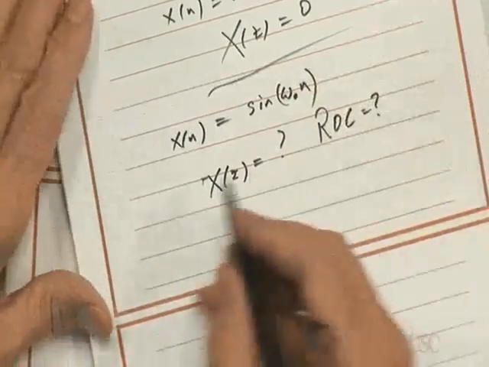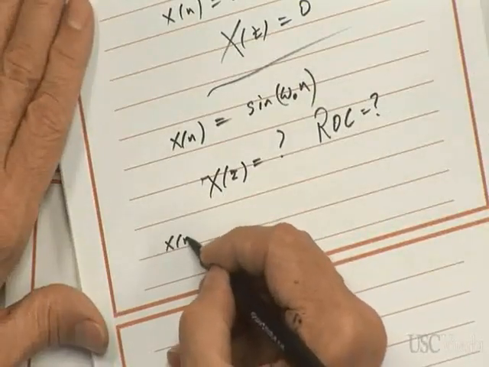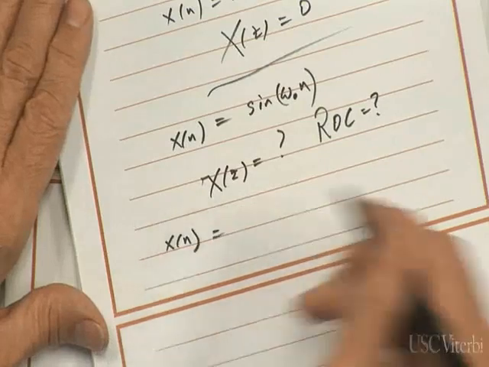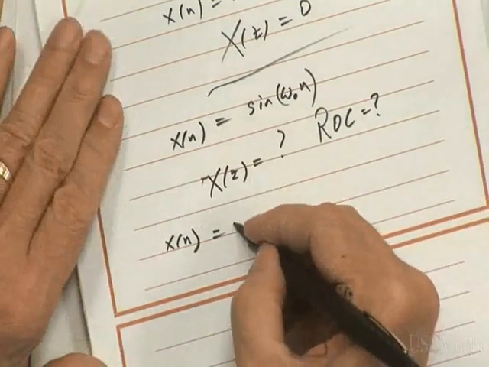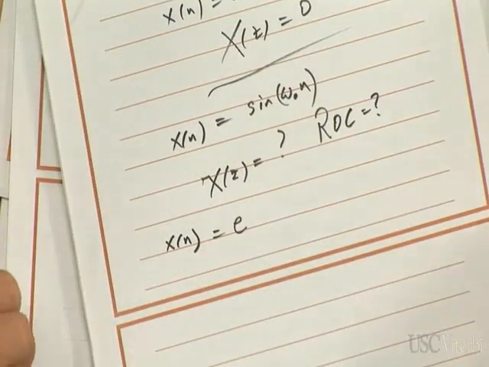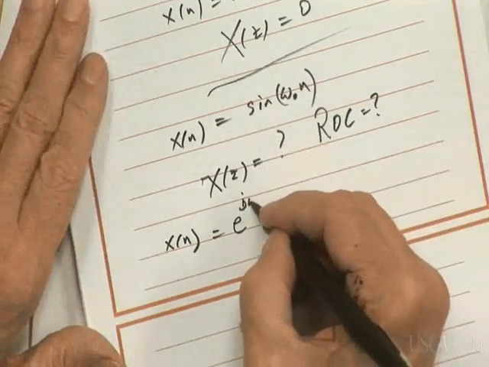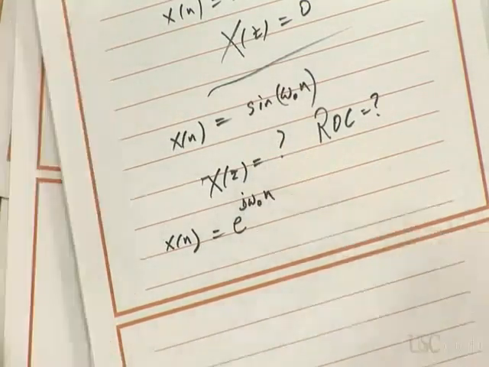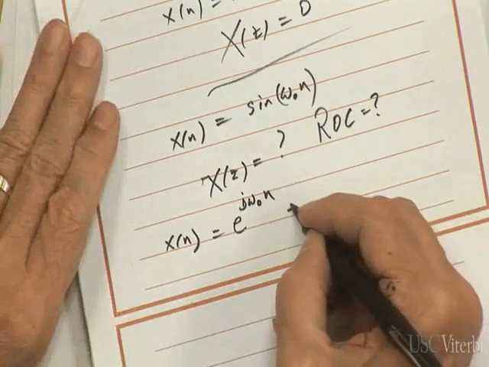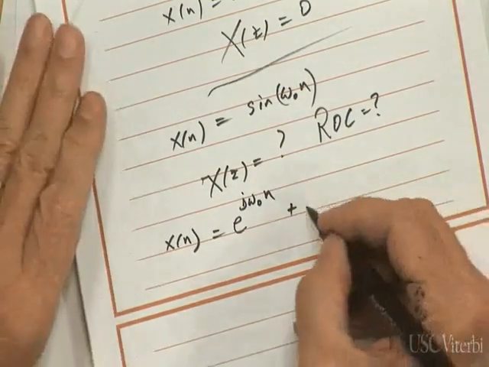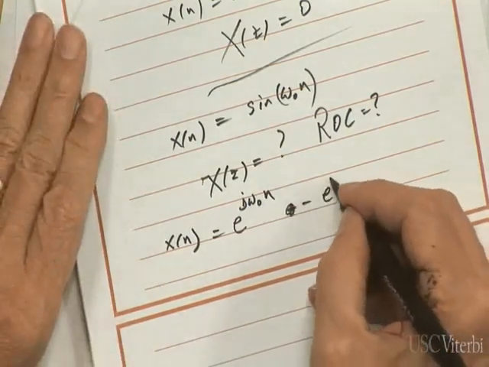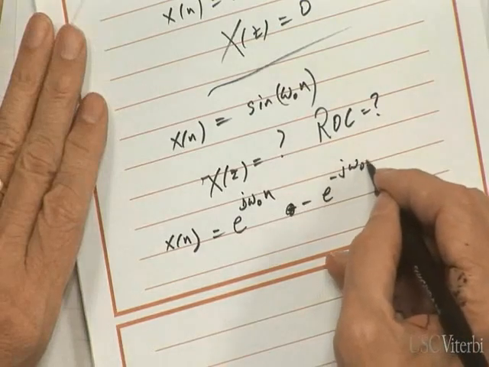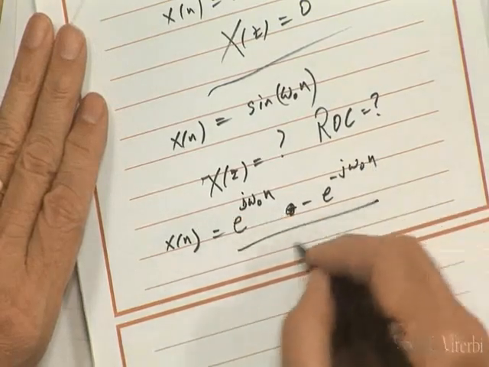Now, what you do here is you write x of n is equal to e to the j omega naught n minus e to the minus j omega naught n, and then that, I think that's divided by 2i.